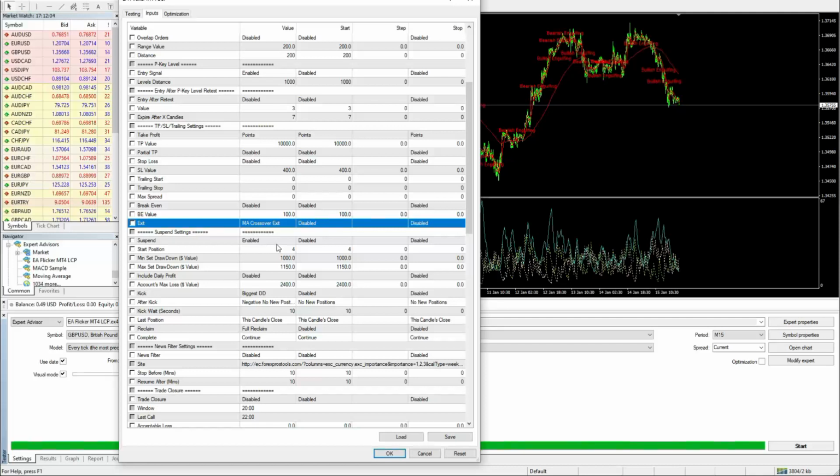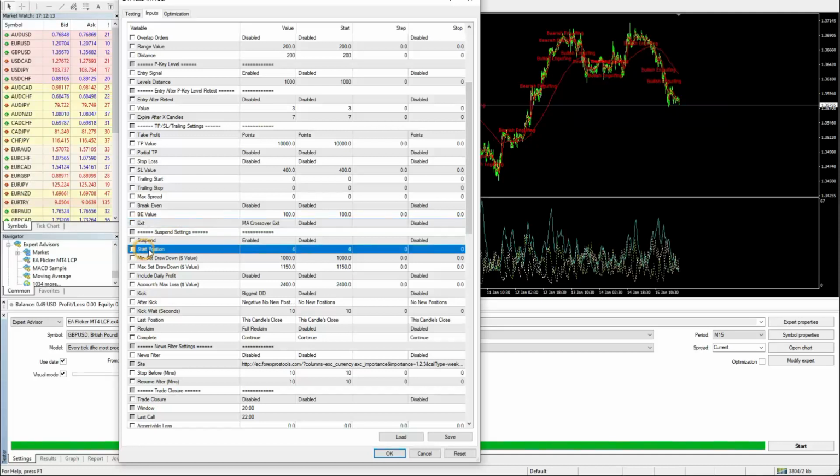Do you enable it? Yes or no? It's enabled, because I want to protect your account from losses as well. At which position does it start? 4, the 4th position. If we are using Martingale, this suspend feature will only kick in at the 4th position. Minimum drawdown, maximum drawdown.